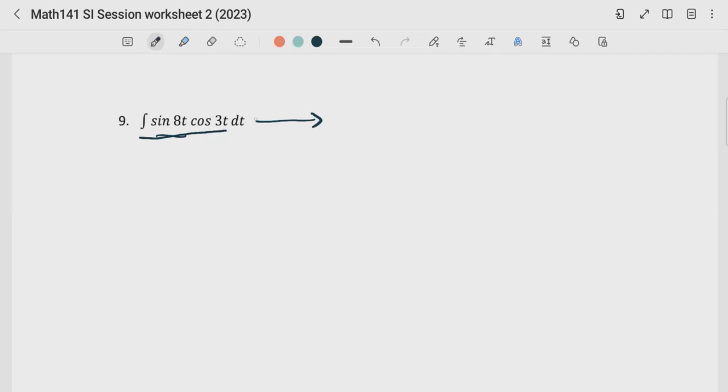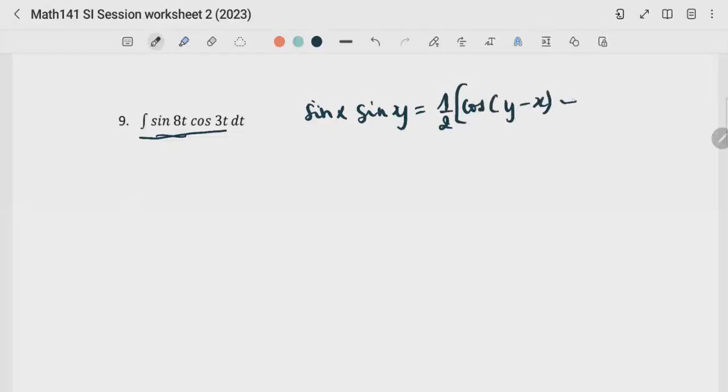You remember those formulas that gave you, for example, when you have sine of x times sine of y, that is just equal to 1/2 times cos of y minus x minus cos of x plus y. Remember those formulas and whatever the rest was, right?